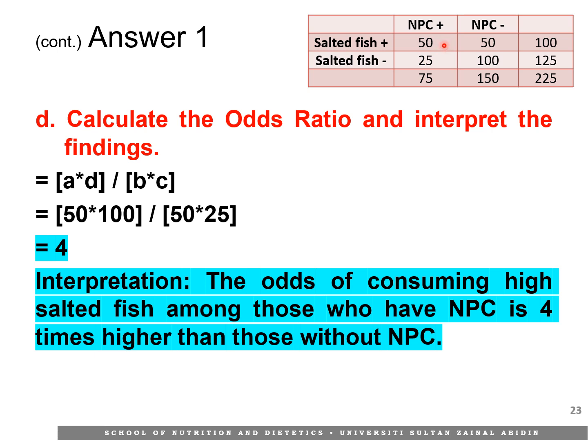So this is A, B, C, and D. And the finding shows that the odds ratio is equal to 4. When interpreting this finding, we can write it as the odds of consuming high salted fish among those who have NPC is 4 times higher than those without NPC.